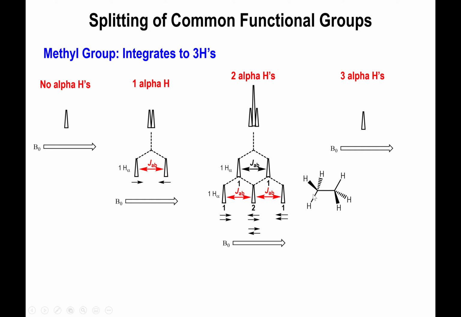Right now I have it in the staggered conformation, but you could always draw this in the eclipsed conformation and see clearly that you have a mirror plane. So the CH3 on the left side of the molecule and the CH3 on the right side are both equivalent. So you don't expect to see anything other than a single peak.